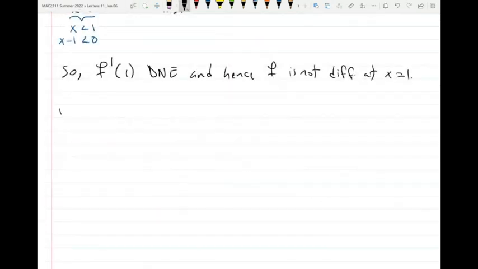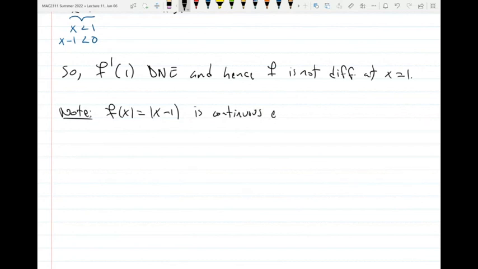So let me make a remark here. So note f of x, which is |x - 1|, is continuous everywhere. In particular, it is continuous at x equal 1.